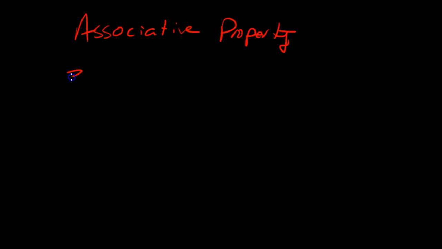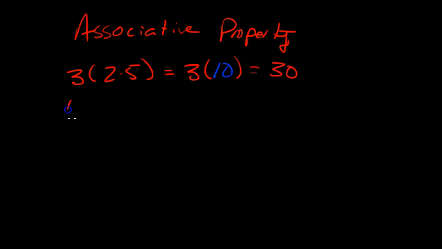If I do 3 times (2 times 5), and I do my order of operations, I'll do my parentheses first, we get 3 times 10, which gives me 30. Now if I move the parentheses and shift it over and do (3 times 2) times 5, I should also get 30. When I do 3 times 2, I get 6.